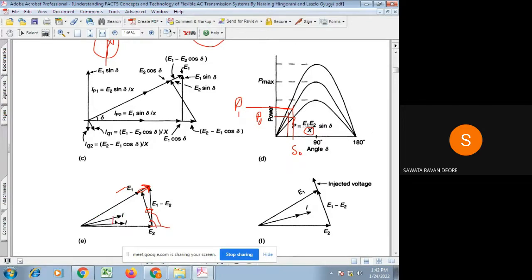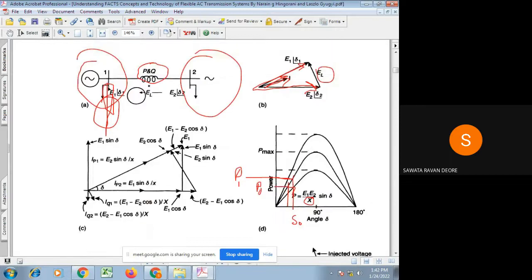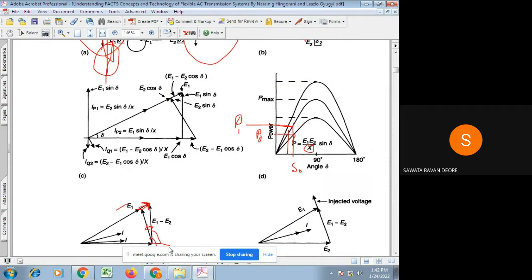So what is happening here? If we control any end voltage of the line, it significantly changes the phase angle of the current flowing through the line, and because of that it contributes to a significant change in the reactive power flow through the transmission line. It is simple: if we connect a shunt compensator anywhere at the end of the line, it helps in controlling the reactive power flow through the line.